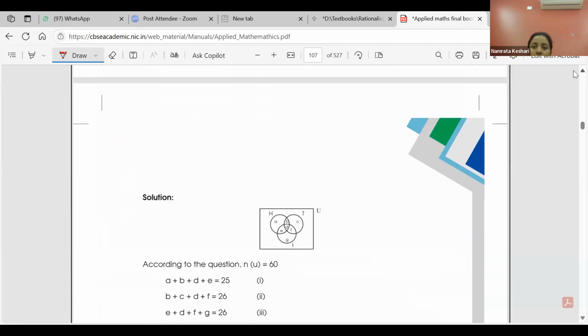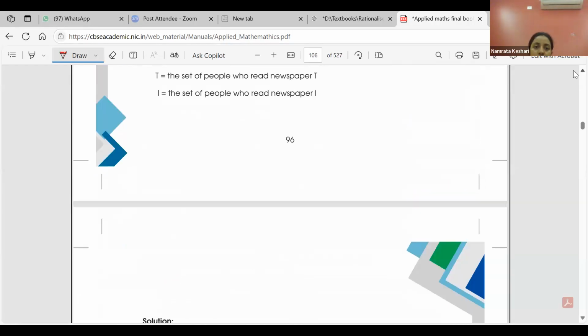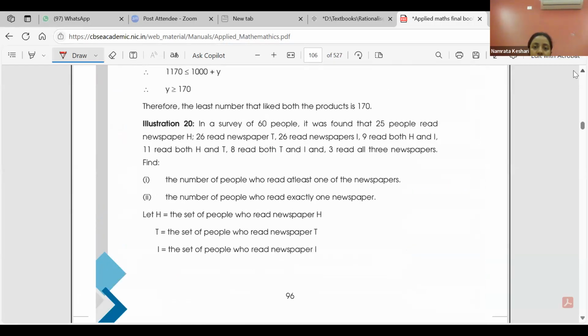This one. Okay, the combination of 3 circles. 2 circles you are already understanding. Here it says that in a survey of 60 people, it was found that 25 read newspaper H, 26 read newspaper T, and 26 read newspaper I. Number of elements in H is 25.